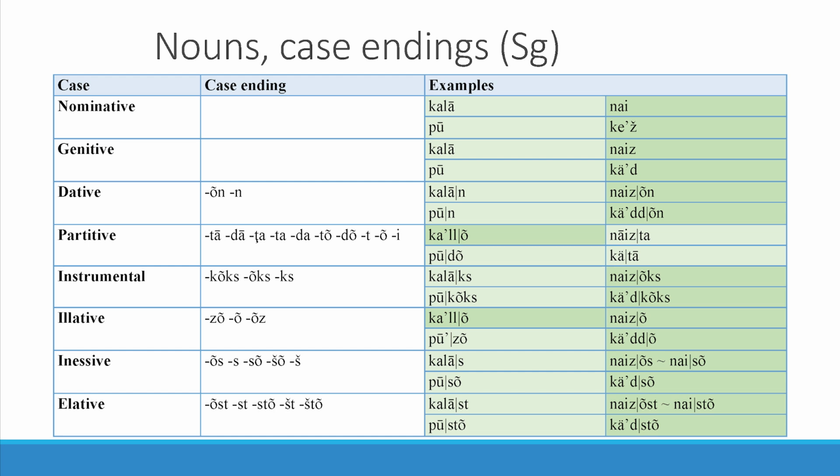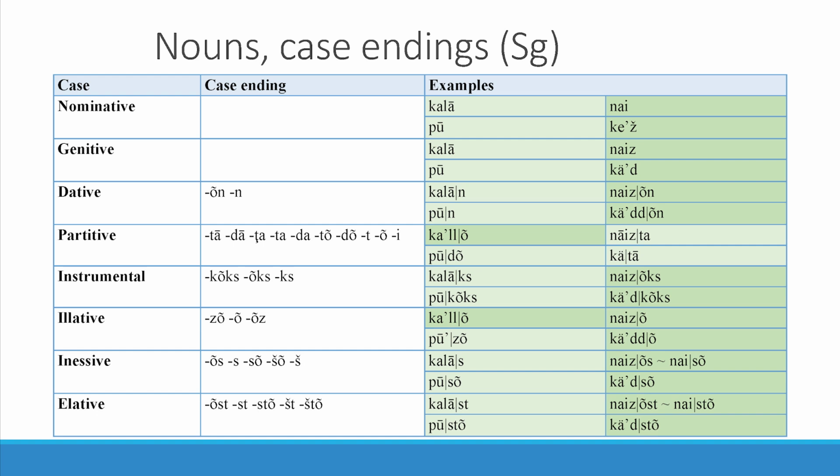So in the dative, I'm just going to go through them, but I will point out some things here. The dative you can recognize by this letter N. And the singular partitive has the most possibilities; there are many ways to form it.